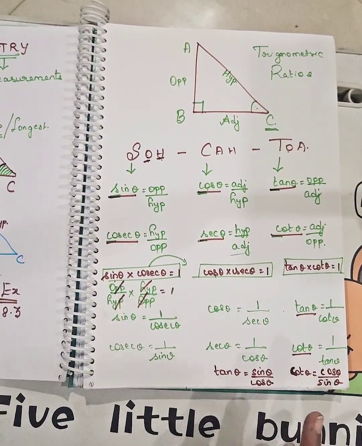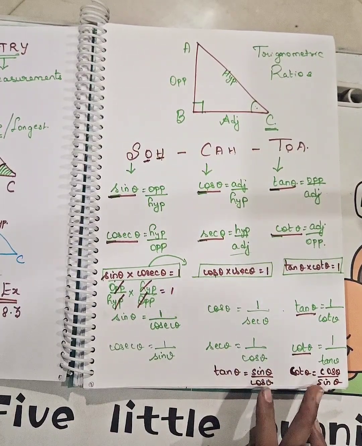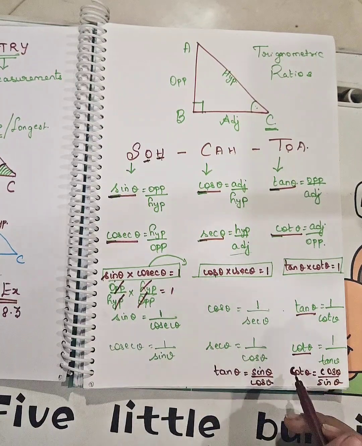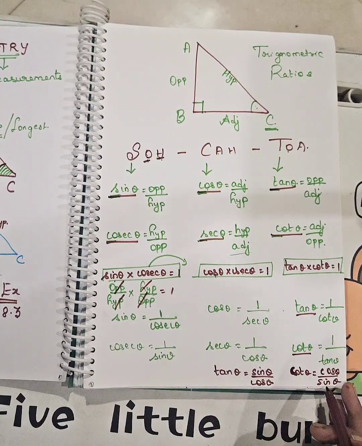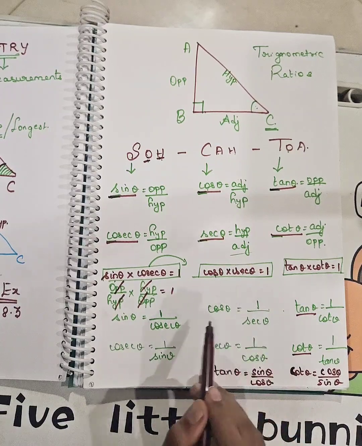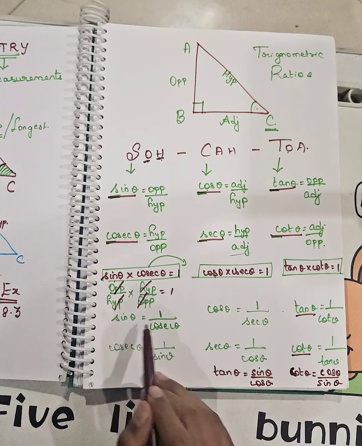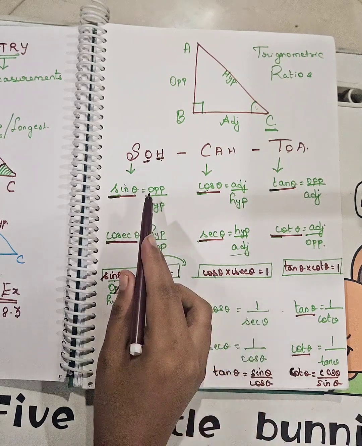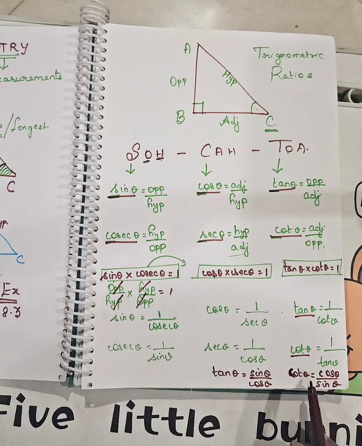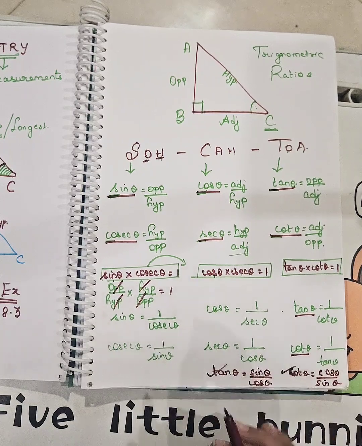So you can think, how can this be verified? Okay. So if you apply these formulas, for example, cot is equal to cos by sine, right? If you take this cos by sine formula, have a look at it. If you substitute opposite and hypotenuse in its place, then this formula will be verified.